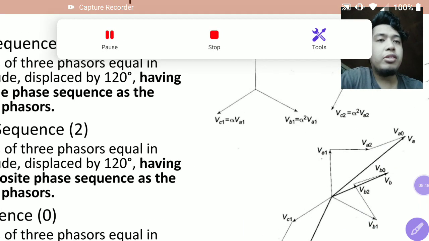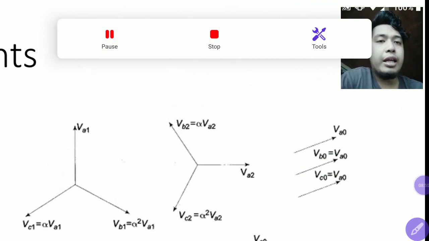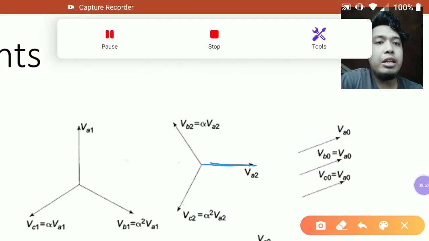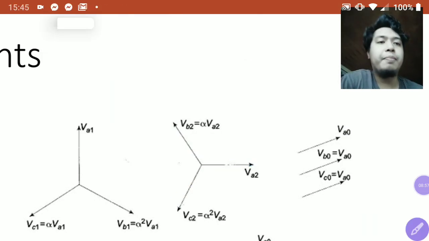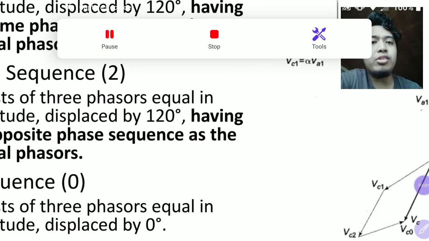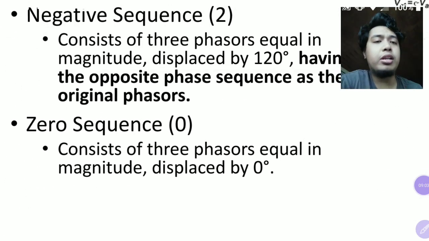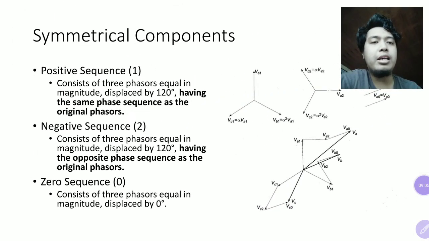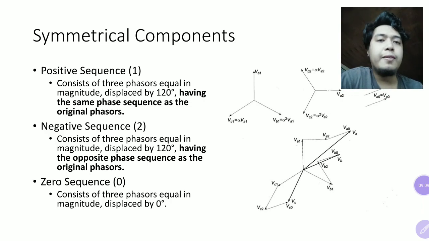So if I zoom this in, I have A leading C, leading B. So it's ACB. Okay. So the zero sequence is just three phasors equal in magnitude displaced by 0 degrees. So they are basically in the same direction. Okay, so that's the Fortescue theorem.